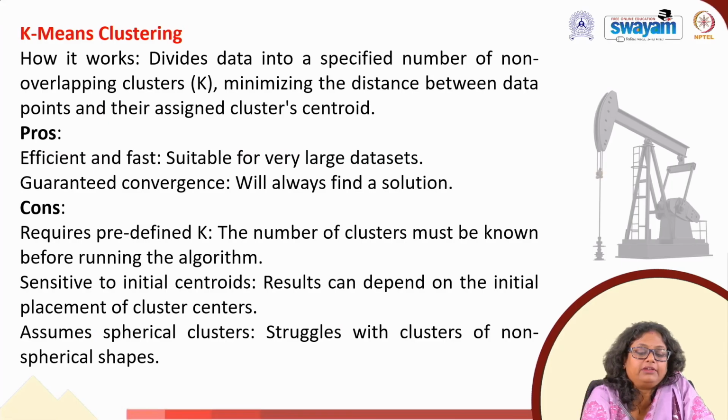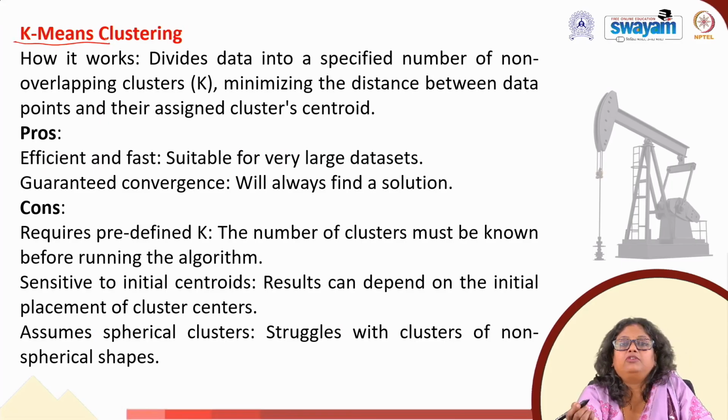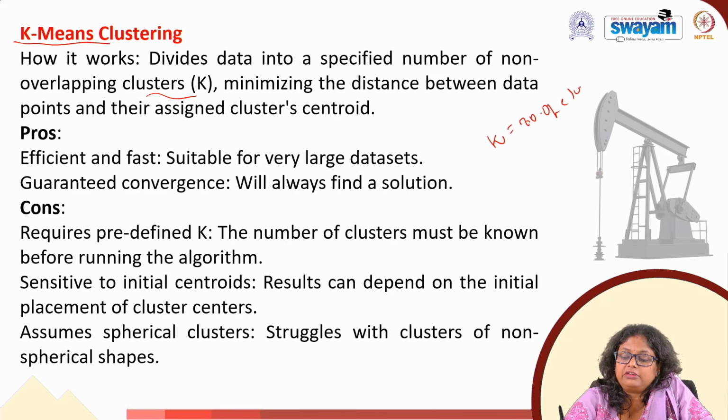Before that, under the unsupervised, we have talked about k-means. How does it work? Here we are dividing data into a specified number of non-overlapping clusters, where k is the number of clusters.